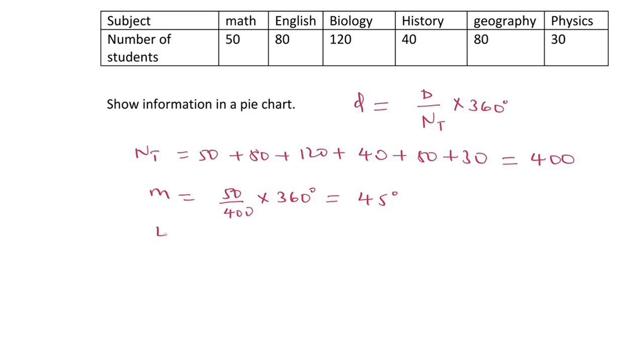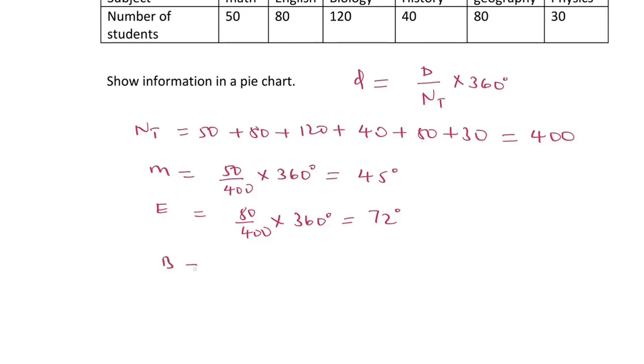For English we are going to take 80 over 400 times 360, of which this becomes 72 degrees. For biology, we are going to take 120 over 400 times 360.